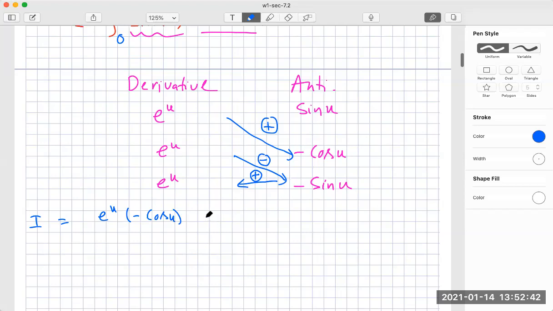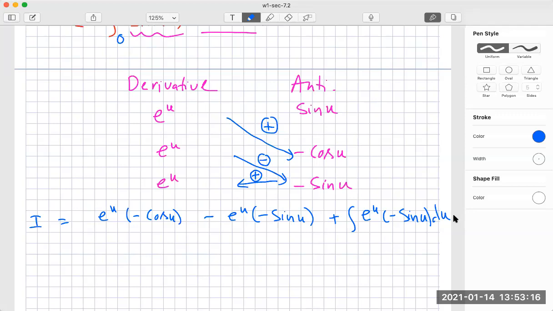And subtract, continue. Can you help me? And for the last term, we take the integral, and the sign in front of that is positive. So it will be positive integral of, very good, du. Is it right?